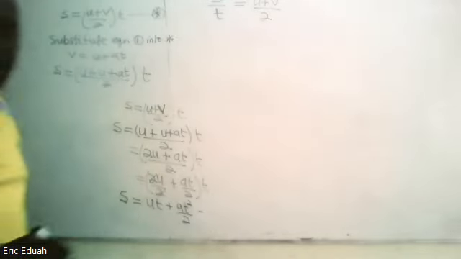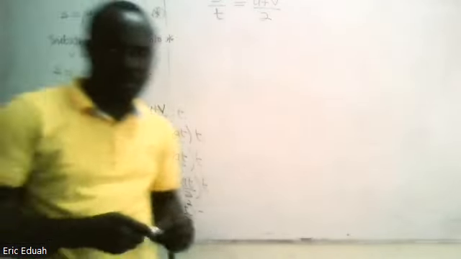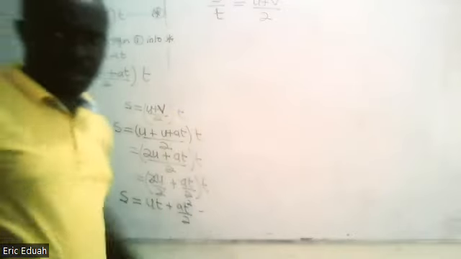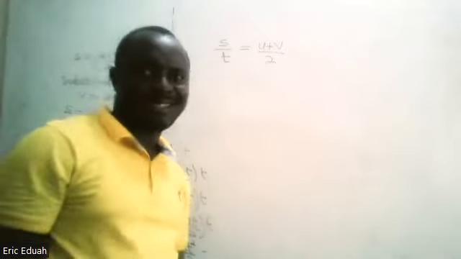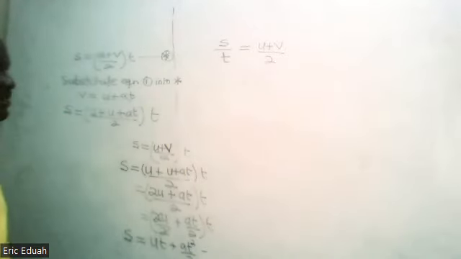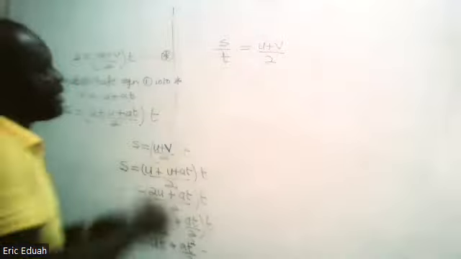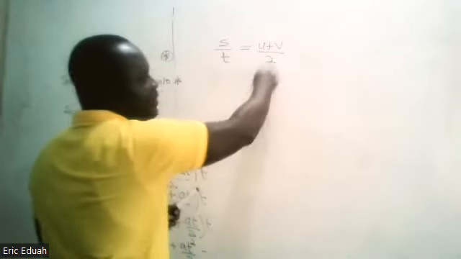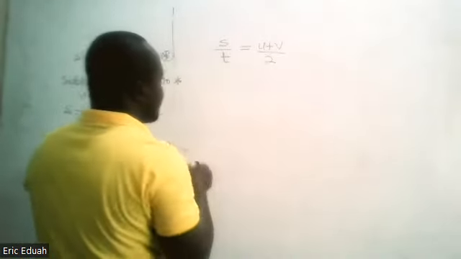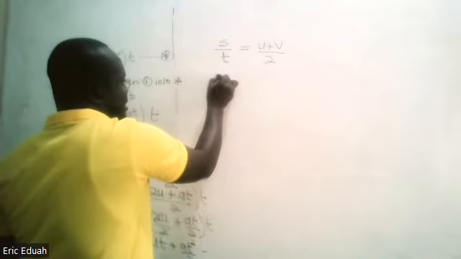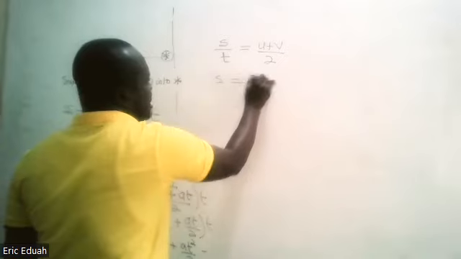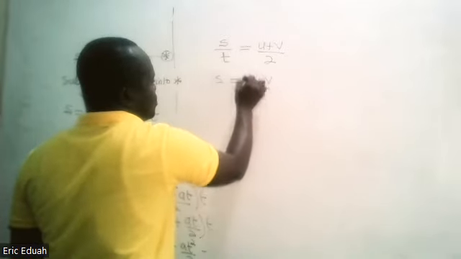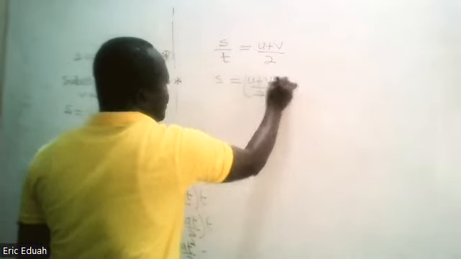Celia, what you are writing is too high, the camera is not really capturing it well. I'll capture it for you. So this is all that I need to derive equation 2 and 3. So S is equal to U plus V on 2 times T.